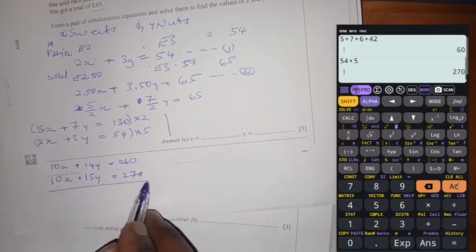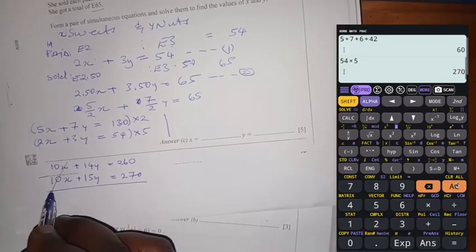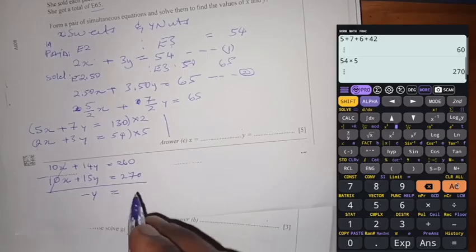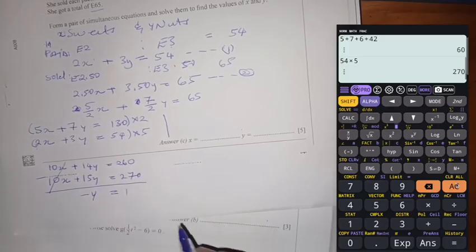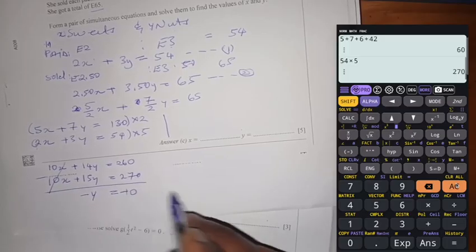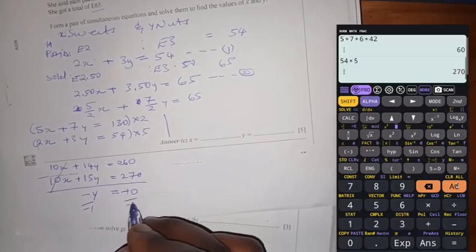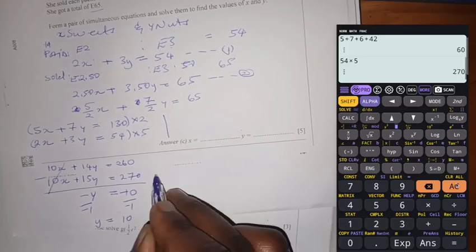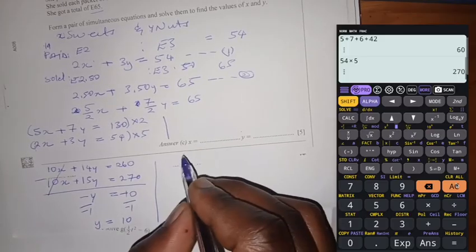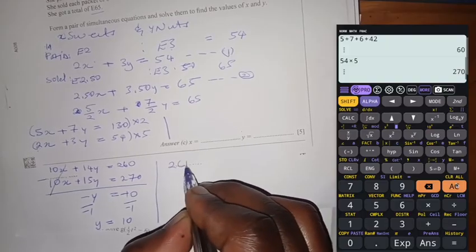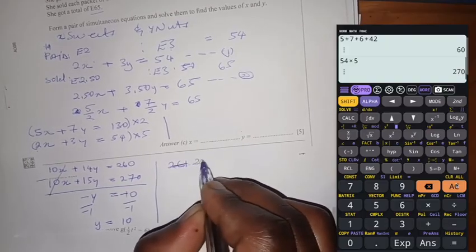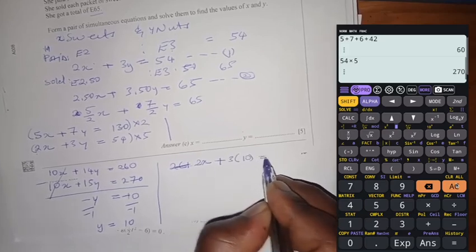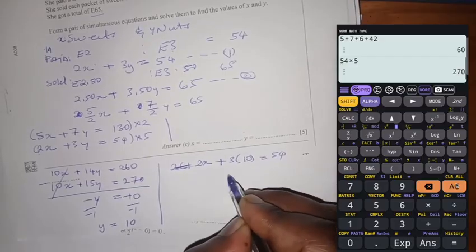Then let's subtract. This minus this, it's 0. 14 minus 15, that's negative y. This equals 260 minus 270, that's negative 10. Divide by negative 1 on both sides. Then you have y equals 10. How about x? 2x plus 3y, that's 30, equals 54.